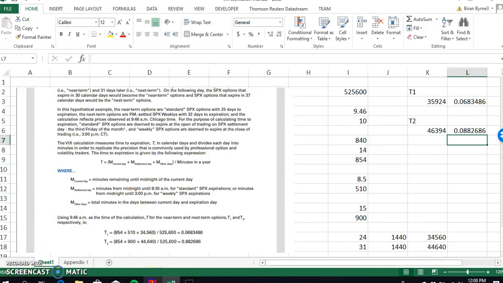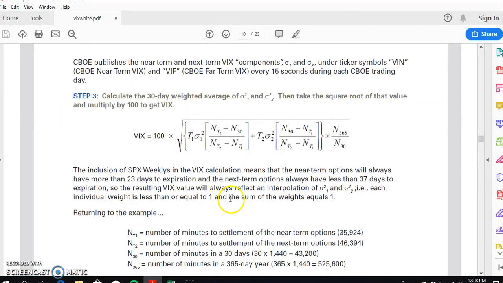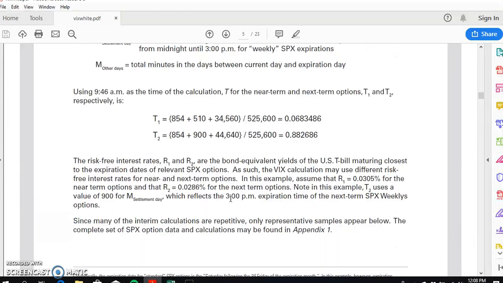Okay, now just to check that, I'll go back to the original. Yeah, I have it here. If we come down, that's where we've done the estimate here. That's what's reported in the VIX document.